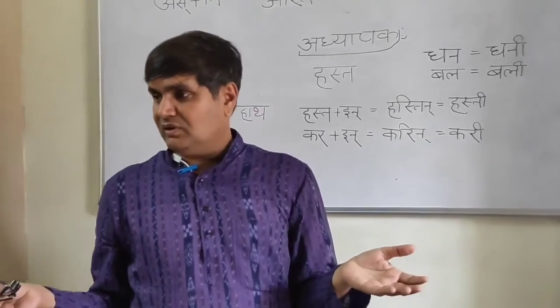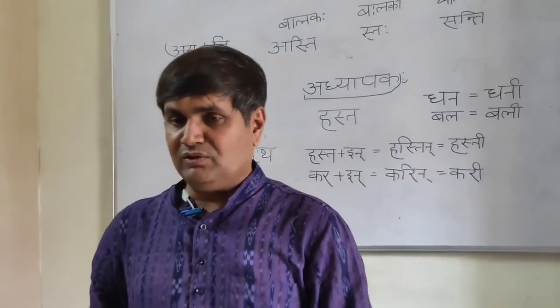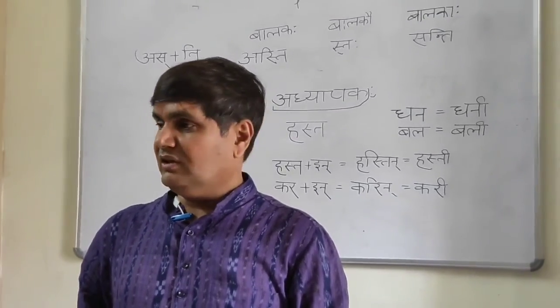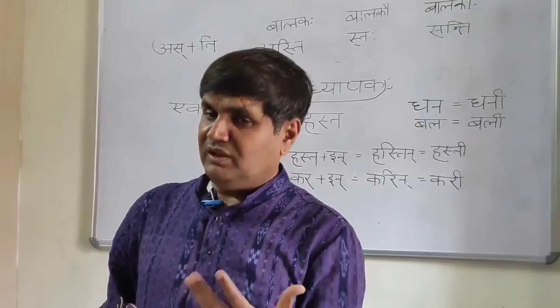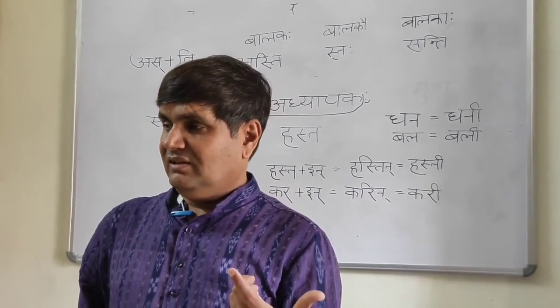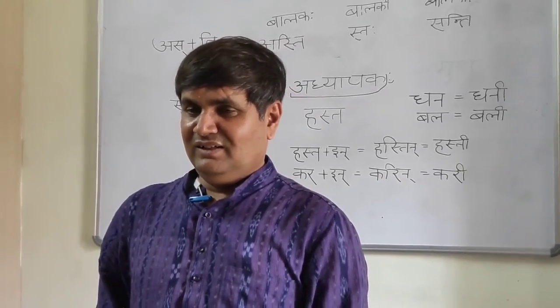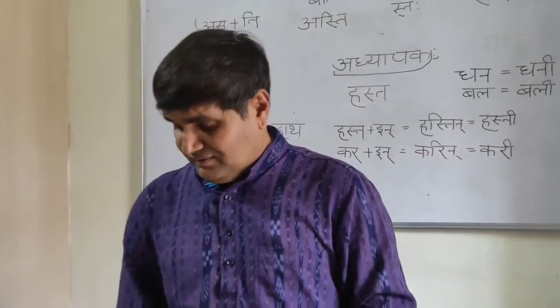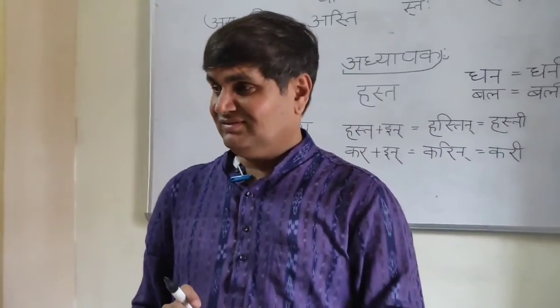But I also have a hand. I also have hands. You also have hands. But you are not called Hasti. You are not called Kari. Then the basic meaning of the word is one who has hand, one or two, don't mind. But he has a special hand.